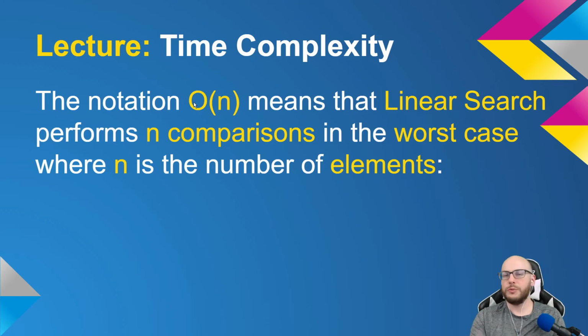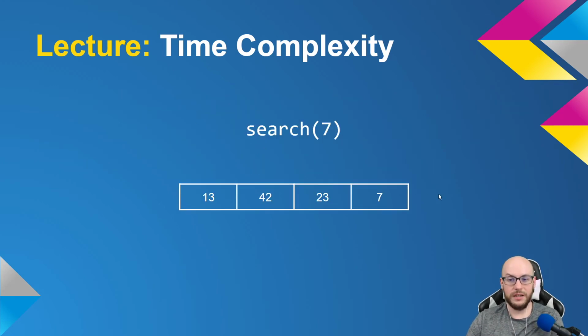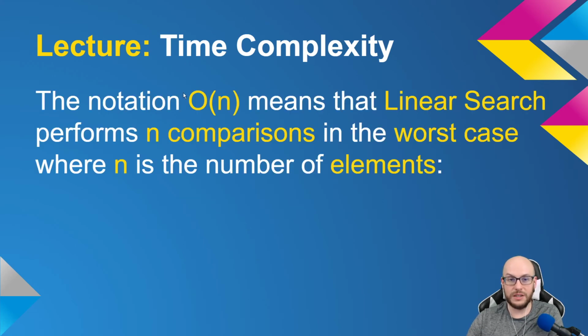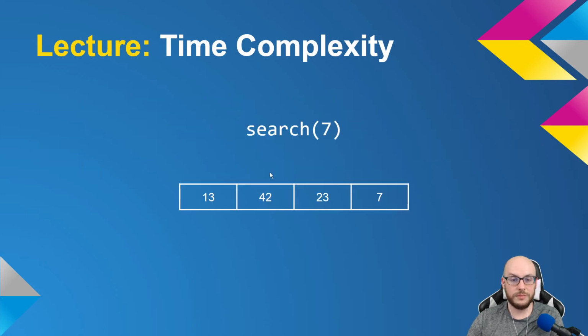If I add one more element to this array, I would also add 1 comparison. That is what this linear time complexity, asymptotic runtime actually means.